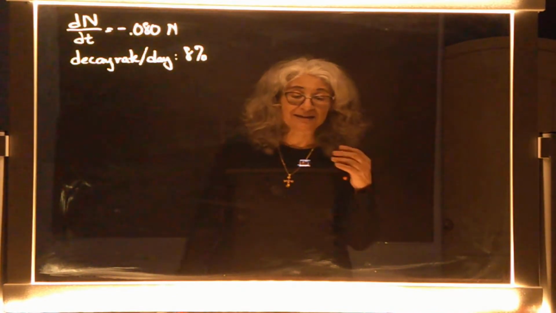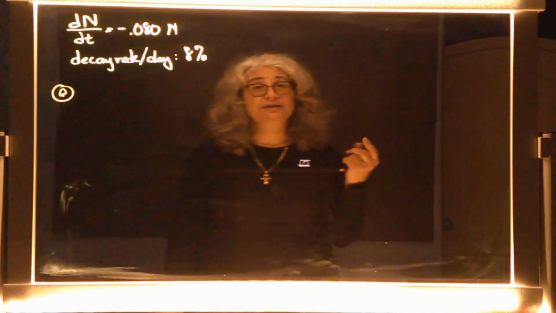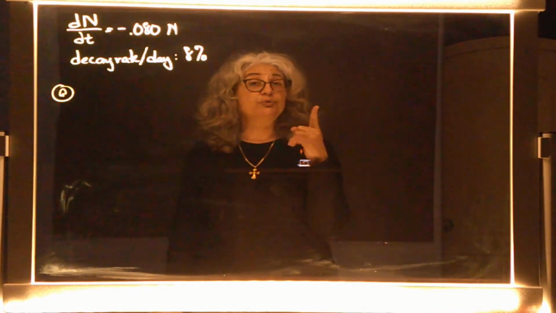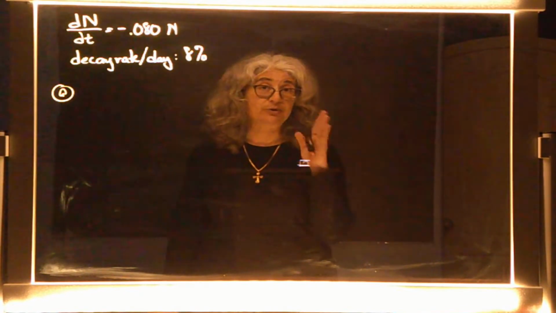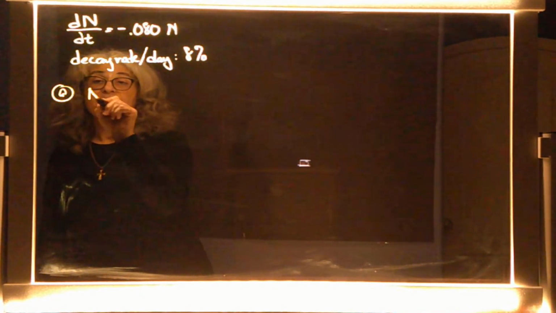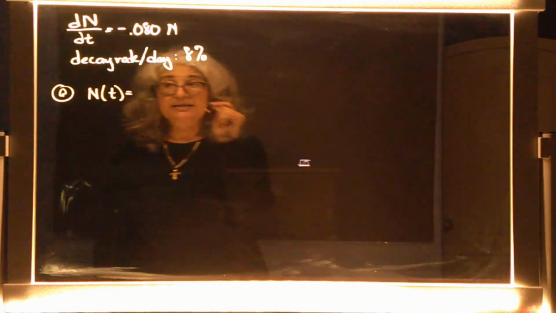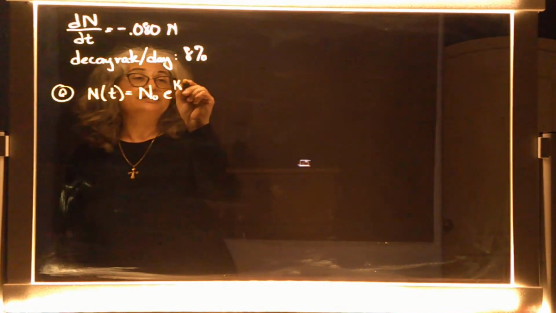In part A, they're saying models the decay. So clearly I am working with an exponential decay model. Notice in this particular case they're using N as the variable. So N of t, our ending amount, is equal to the initial amount times e to the kt.